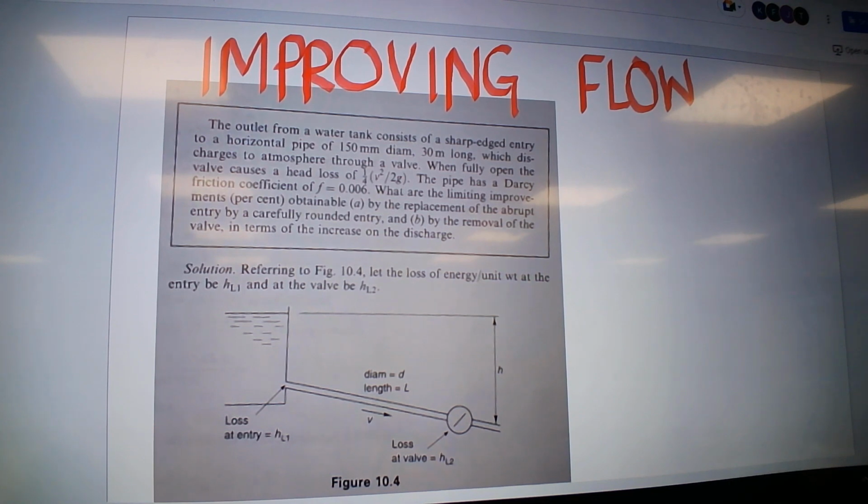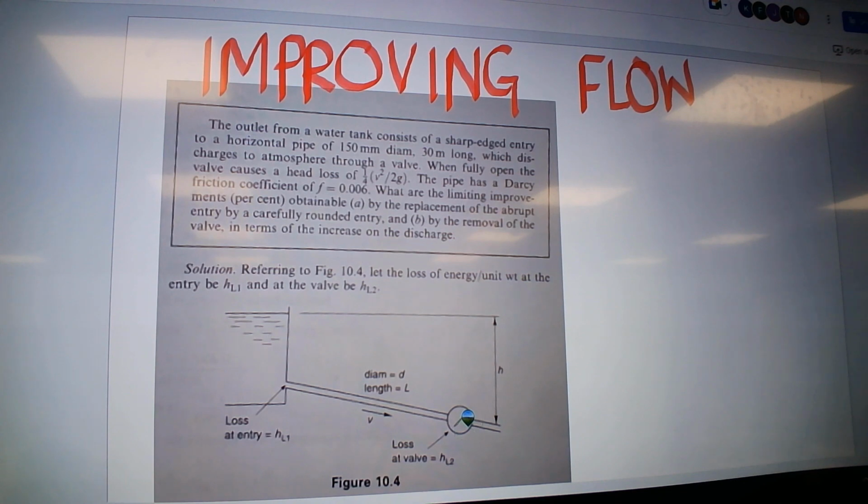The outlet consists of a sharp edge entry to a horizontal pipe. The diameter of the pipe is given as 150 millimeter, and the pipe is 30 meter long. It discharges to another tank through a valve, and there will be a loss at the valve as well.